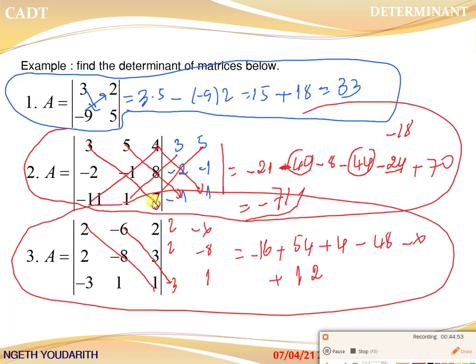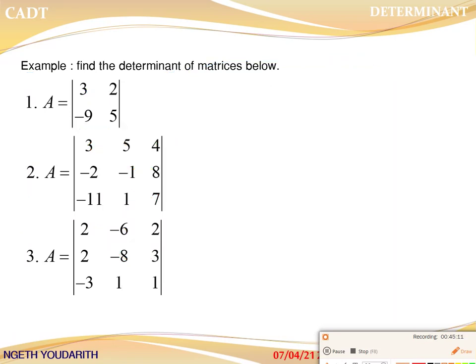So this is what we call the series strategy, or series method. But in this case, when we add two of our columns, it can be only 3 by 3.